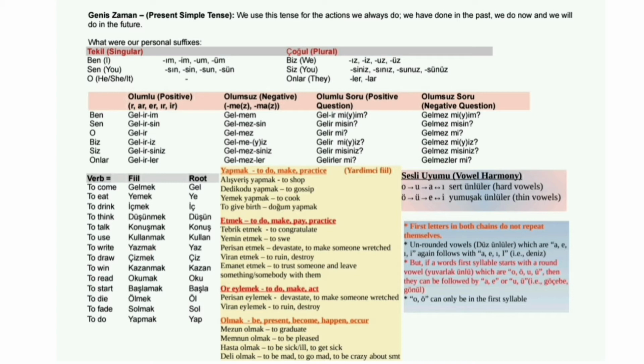Gelmem. Sen gelmezsin. O gelmez. Biz gelmeyiz. As you can see, there is a ye, which is a semi-vowel in between two vowels. Then siz gelmezsiniz. Onlar gelmezler.